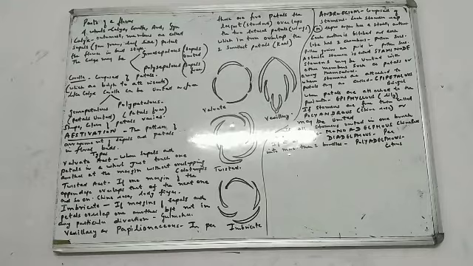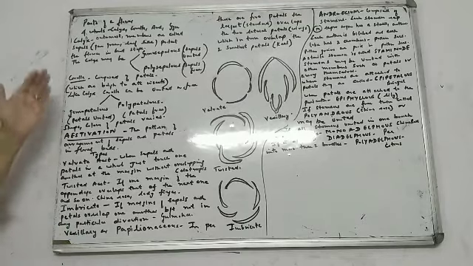I am talking about sepals, okay? If the sepals are united, we call the calyx gamosepalous. A calyx in which sepals are united is known as gamosepalous. But if the sepals are free, not united, then the calyx is known as polysepalous.